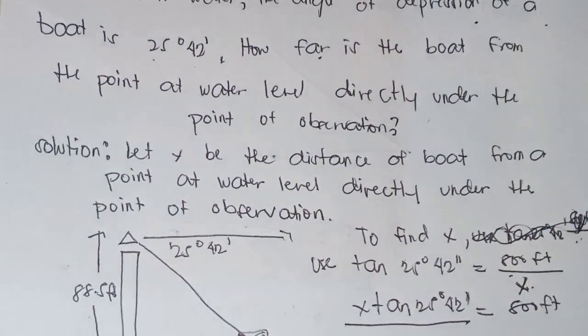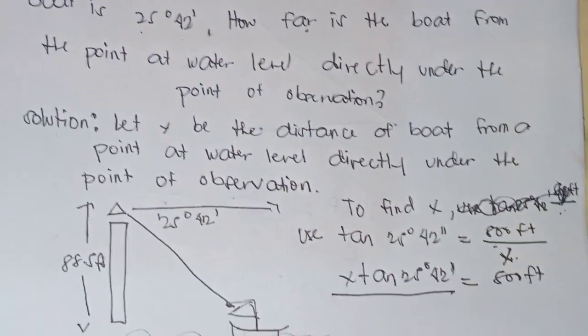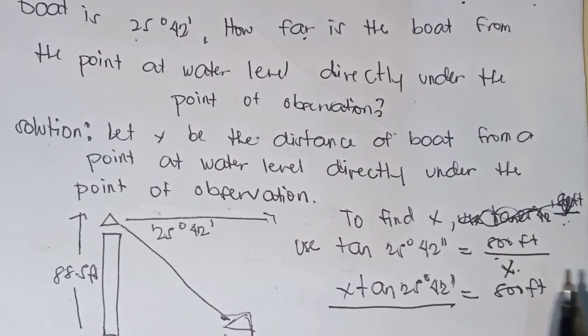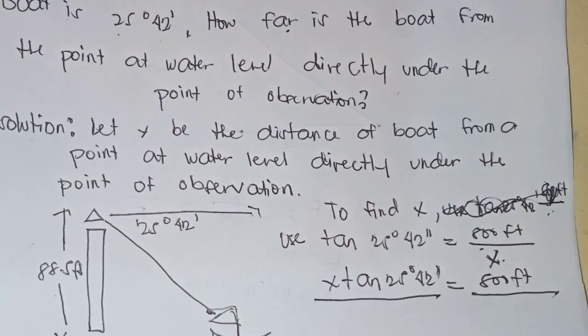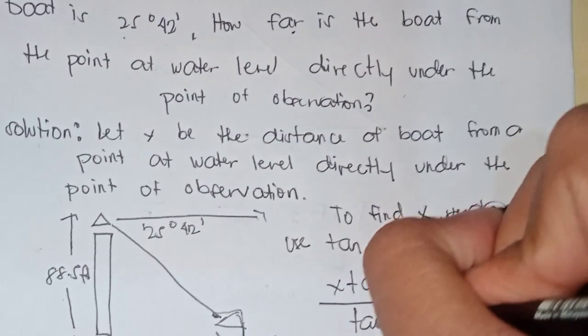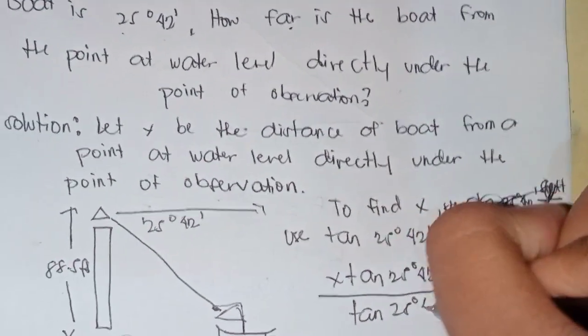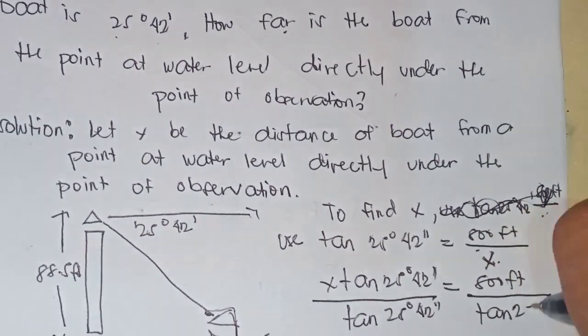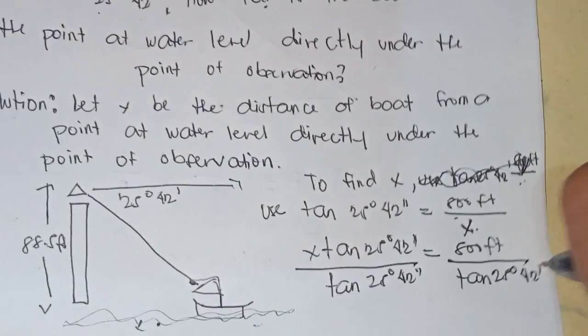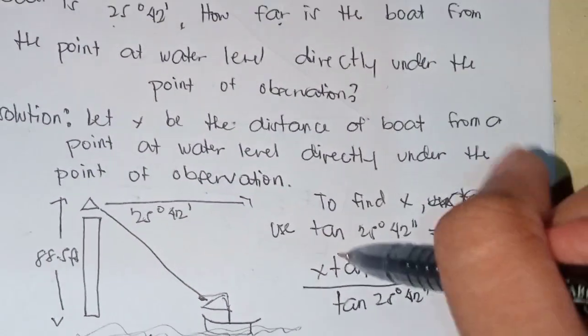Then we must divide both sides by tan 25 degrees and 42 minutes. The tan 25 degrees 42 minutes cancels out.